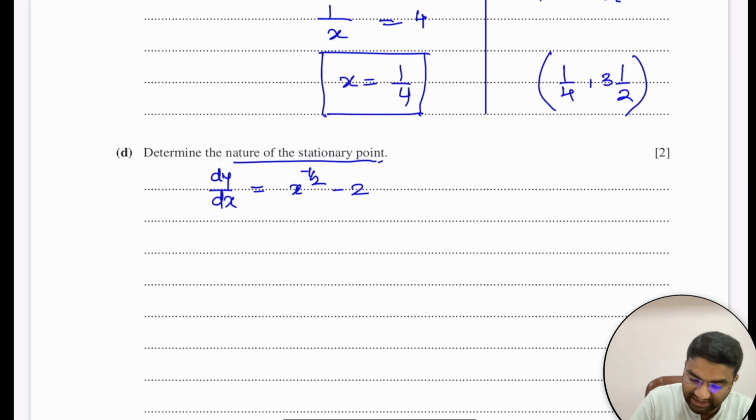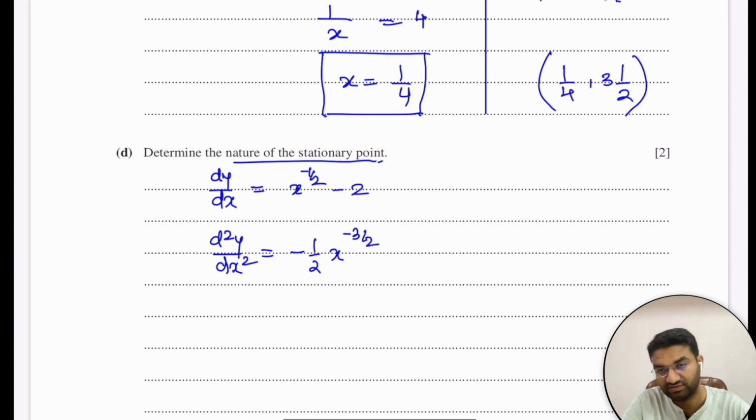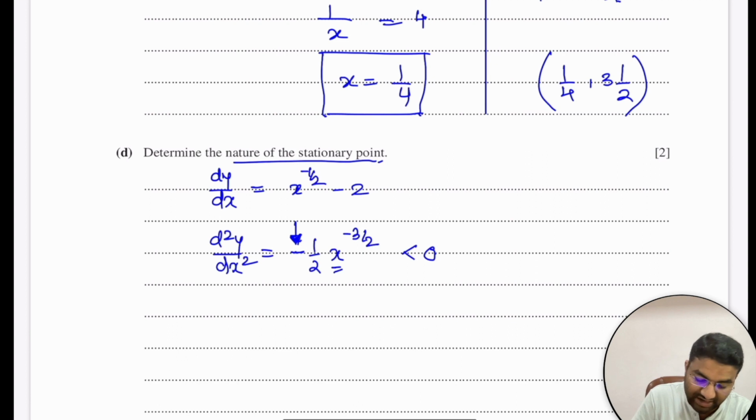Then if you take the double derivative, it will be -1/2 x^(-3/2). You have to use the x^n formula. So of course, if you put x value 1/4 here and you have a negative sign, negative sign means this is less than 0. Less than 0 means this given point is a maximum point.